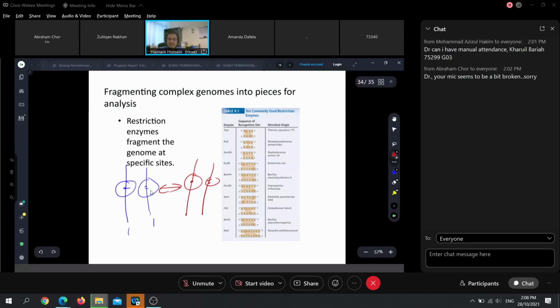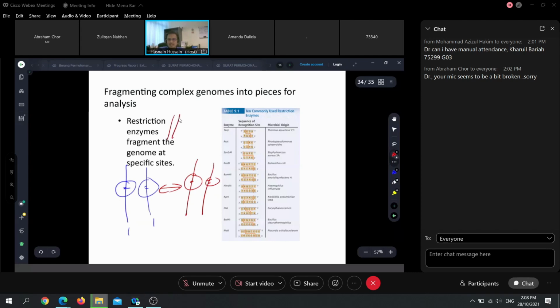And how do we detect, for example, a certain locus? We can detect it when we cut it and the other one cannot be cut. So when we want to cut the DNA, we use a restriction enzyme.